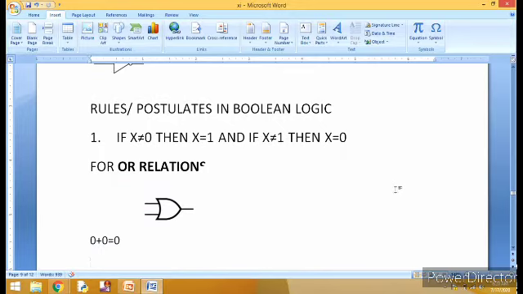We were saying that in Boolean logic there are some postulates and rules applied for a logic circuit. So what is the rule? We read in the last class also that if a variable x is not 0, that means the input is not 0, then what is the input x holding? 1, isn't it?